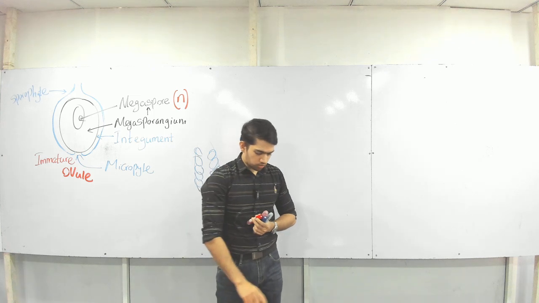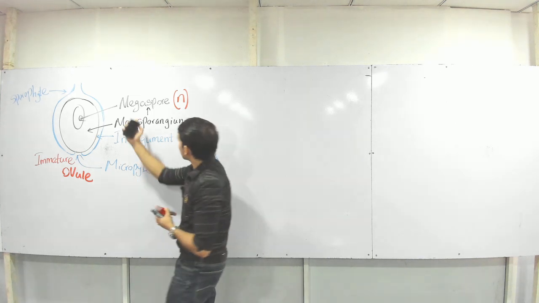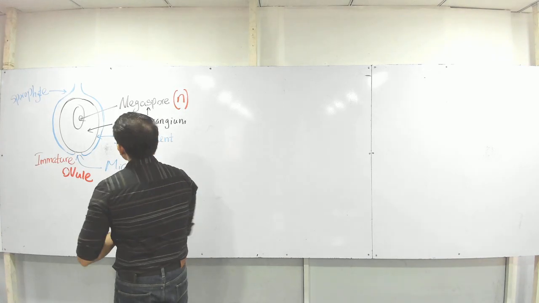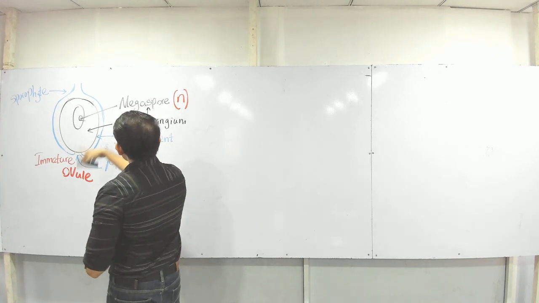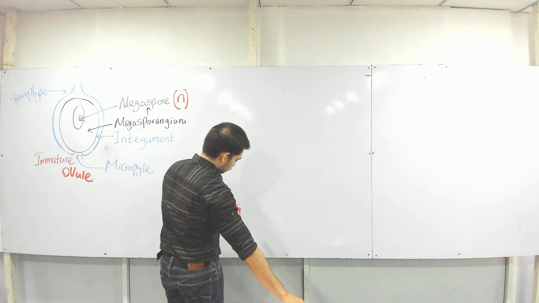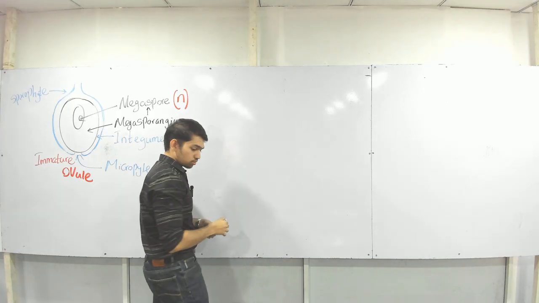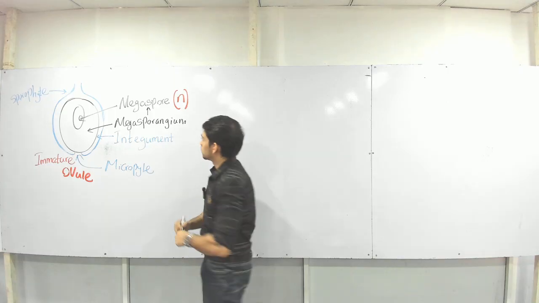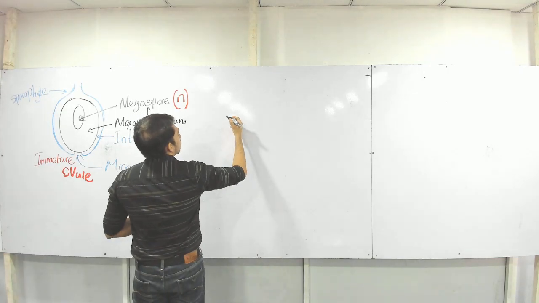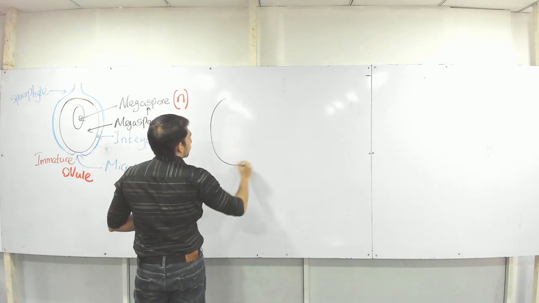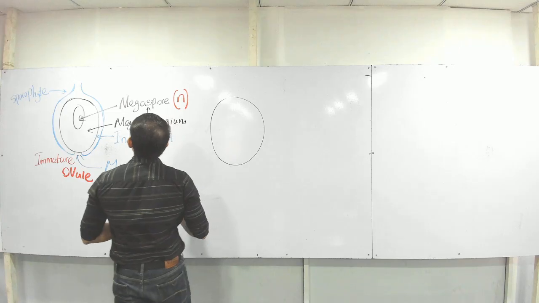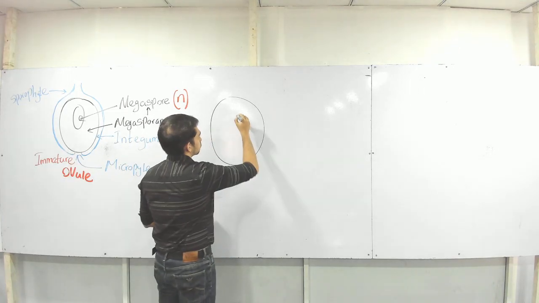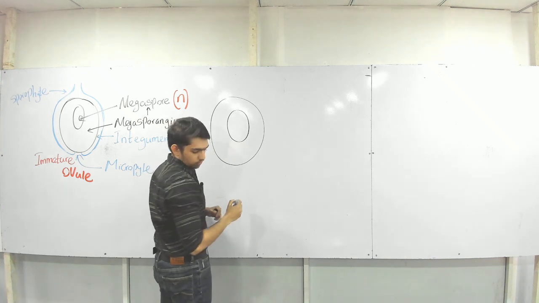Clear. So what is going to happen to this megaspore inside this ovule? It's going to grow into what? The female gametophyte. It's going to become the female gametophyte.